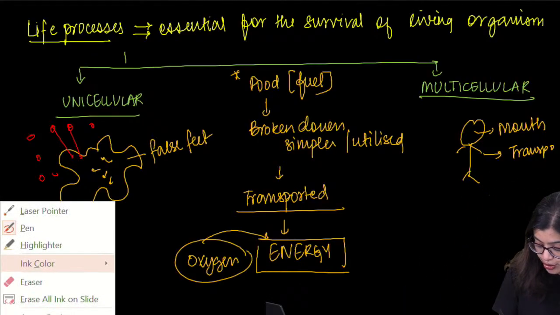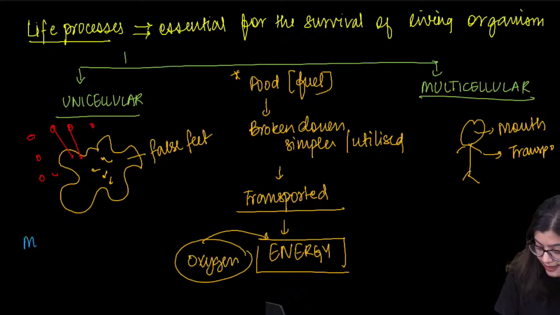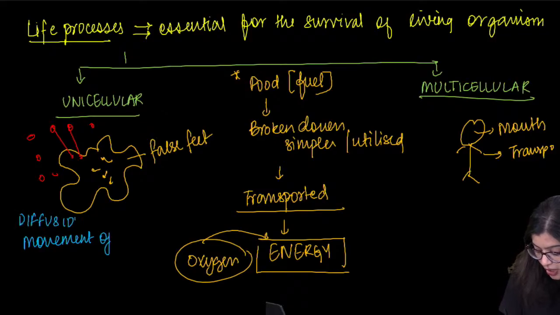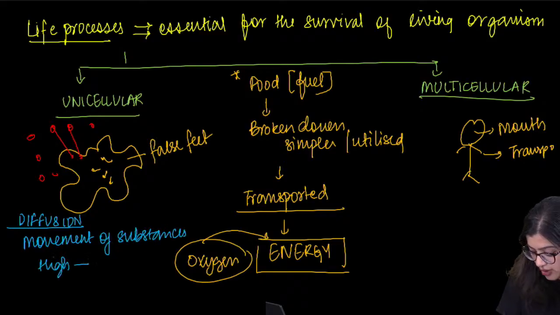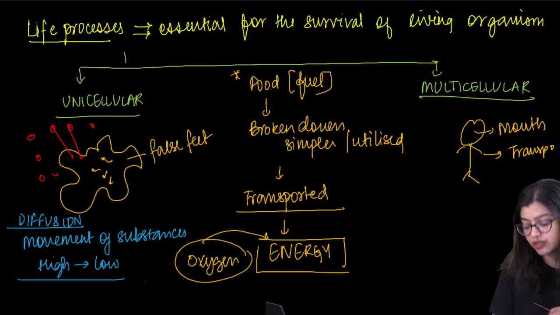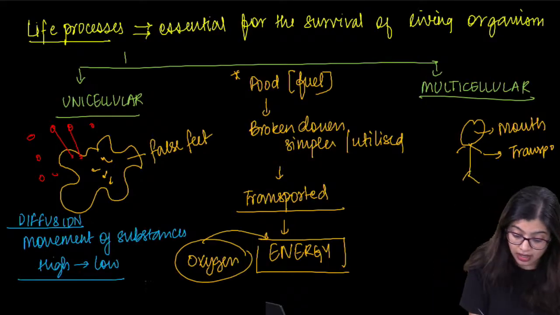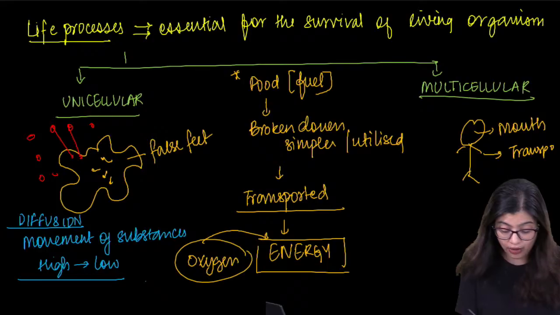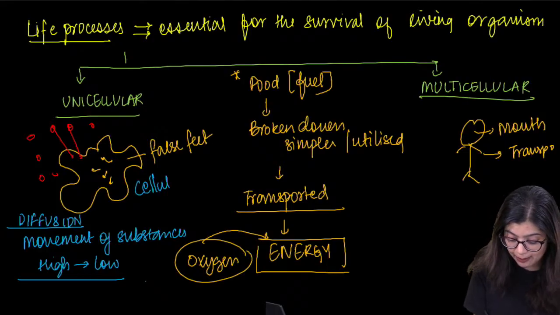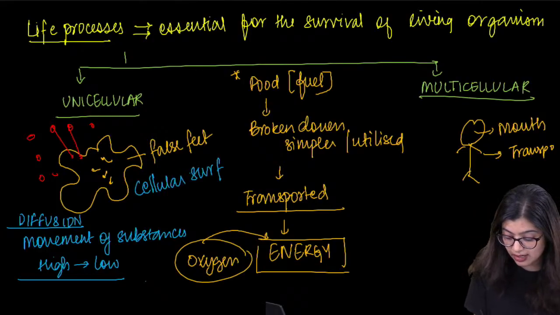Now what is diffusion? Diffusion can be defined as the movement of substances. So let me write this down so that you can make a note. Diffusion can be defined as movement of substances from a region of high concentration to a region of low concentration, right? So here in the case of a unicellular organism, diffusion can happen through the entire cellular surface.